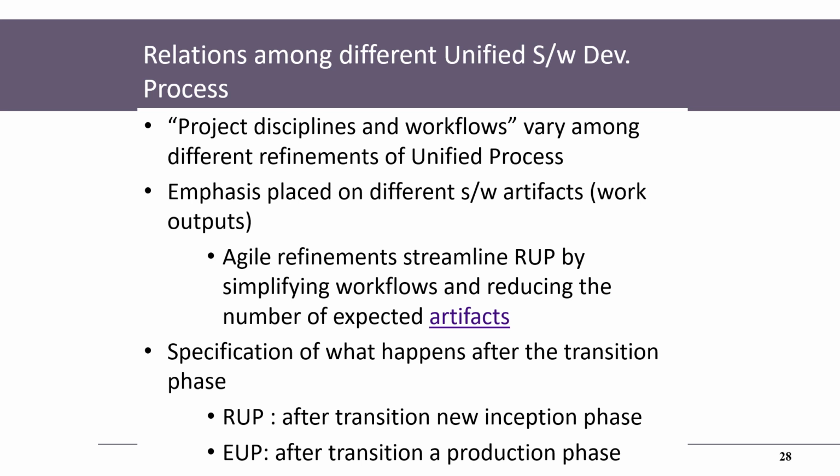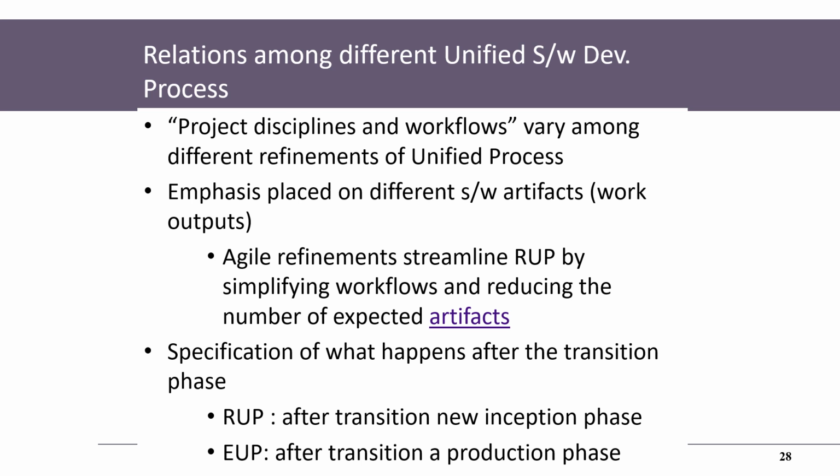The overall framework is the same, but those two things may vary. But there are reasons for those changes, based on the type of project they want to target and the practices they want to bring into them. So try to discuss them, and then you get a better picture of the emphasis placed on the different software artifacts.